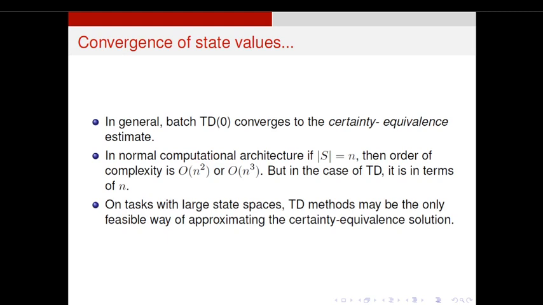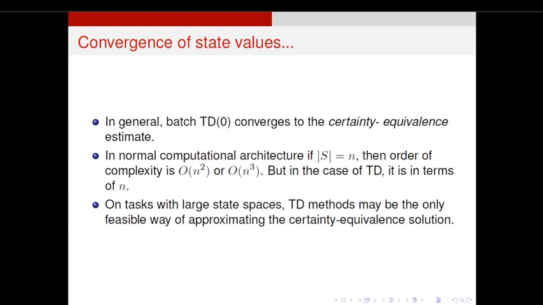Instead of using Bellman's optimality condition, we are using our maximum likelihood estimate of the Markov process. The basic idea is that we can represent this TD in terms of a Markov process. We will see it in an example later. In normal computational architecture, we are trying to compare the order of complexity of Monte Carlo and TD0 here.